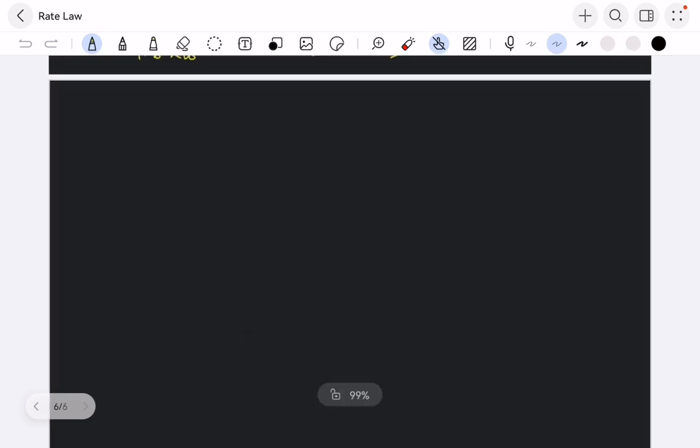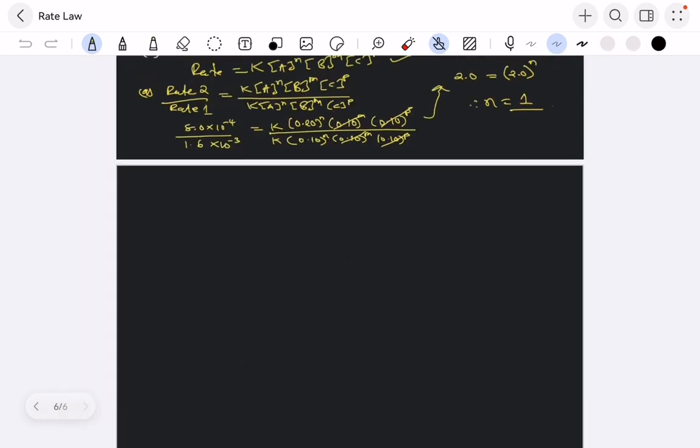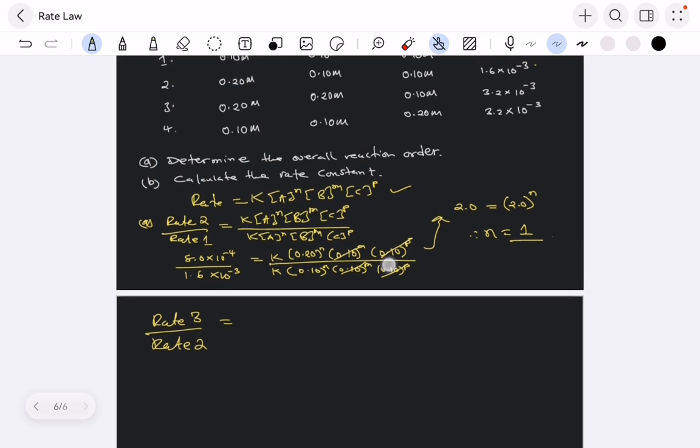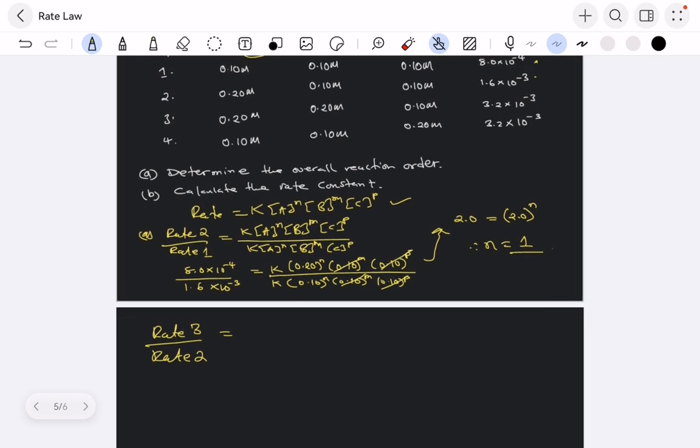To continue, we'll say rate 3 against rate 2. So here we're going to key in the values, and what we're going to get is 3.2 times 10 negative 3 divided by 1.6 times 10 to the power negative 3.